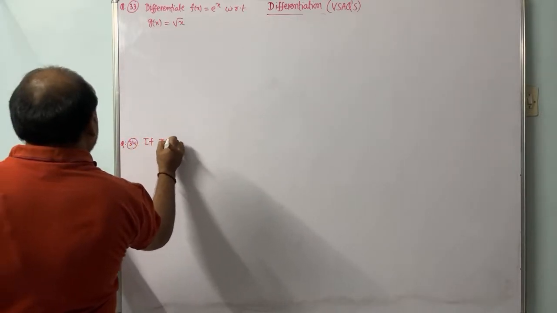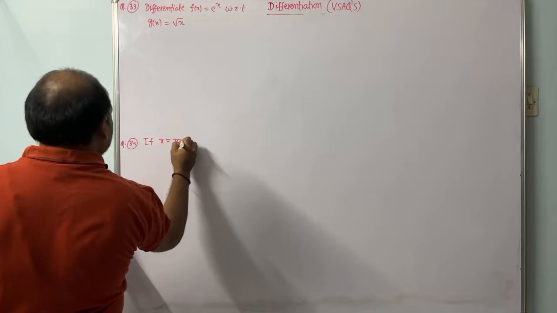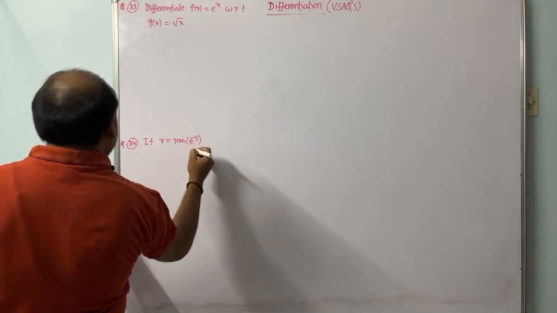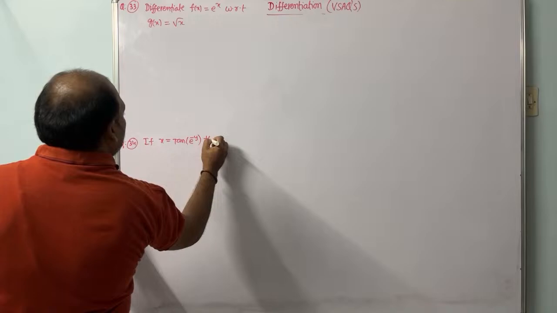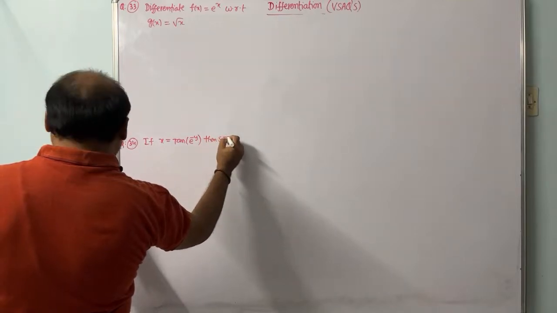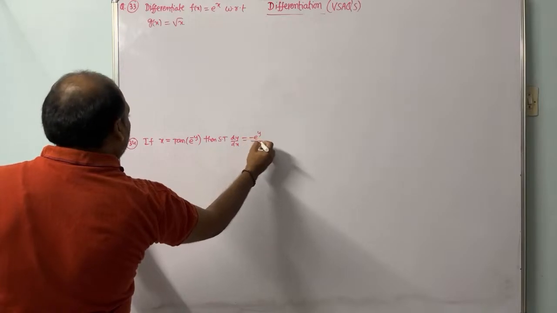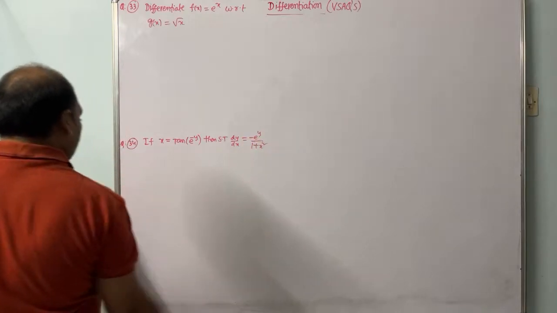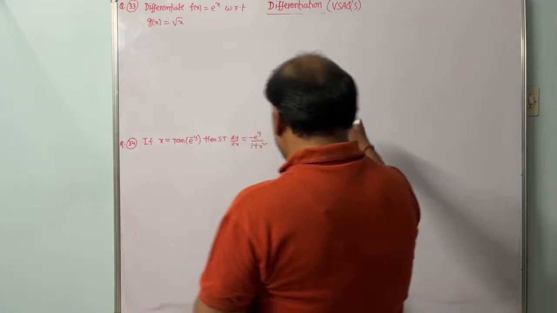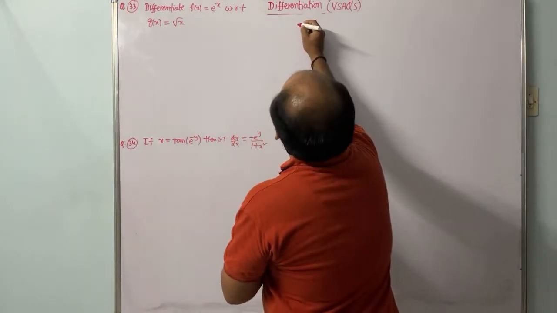If x equal to tan of e power minus y, then show that dy by dx is equal to minus e power y by 1 plus x square. This question also they asked 2 times. Next question number 35.